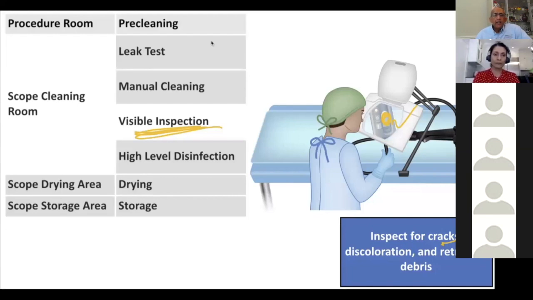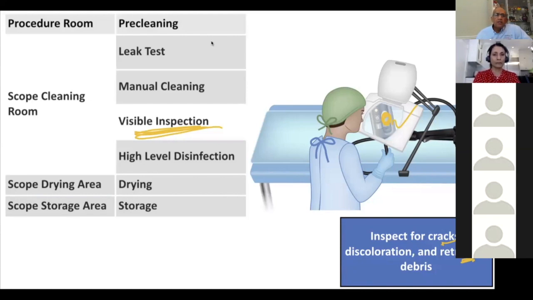You need to send it back for repair. And if you see any retained debris, you go back and do manual cleaning, because retained debris cannot be cleaned by putting it in a machine for high-level disinfection.